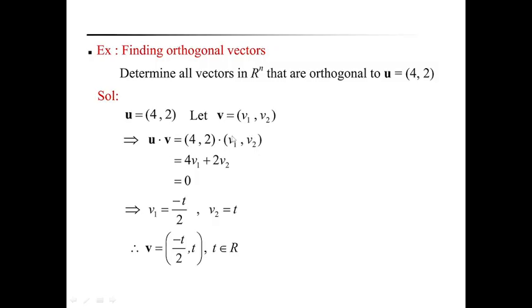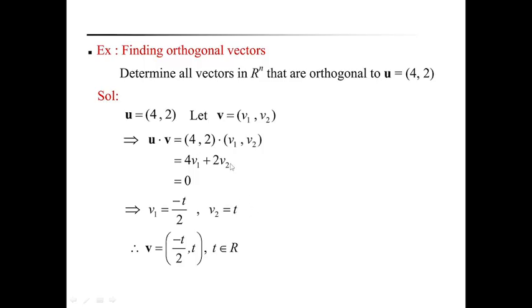By the multiplication of inner product, we get 4v1 plus 2 into the second coordinate v2. So u dot v equal to 0 gives 4v1 plus 2v2 equal to 0. Here we make an assumption: v2 equal to t.